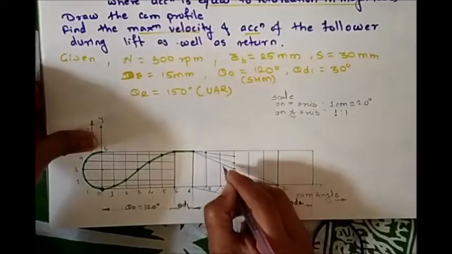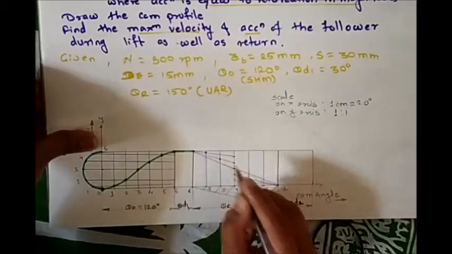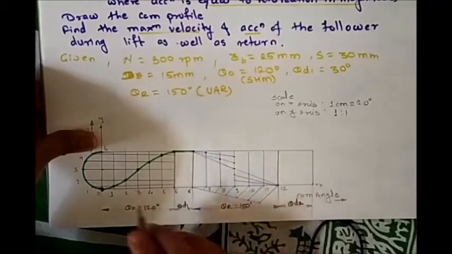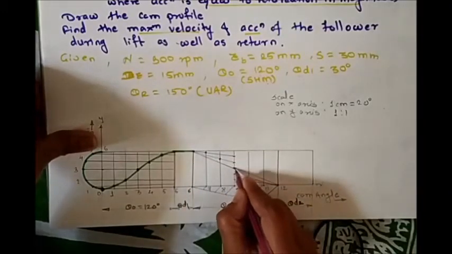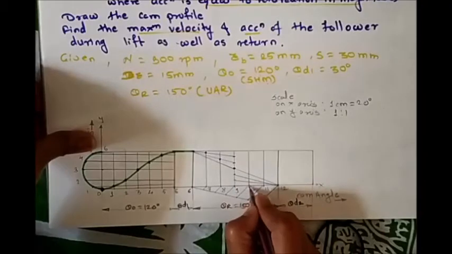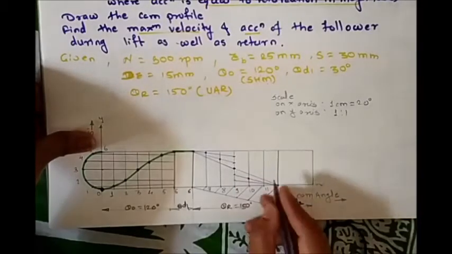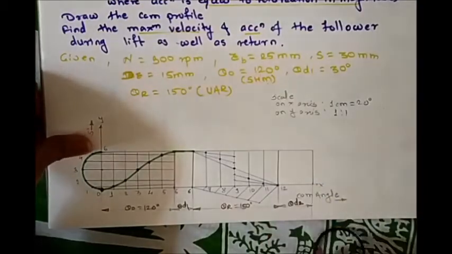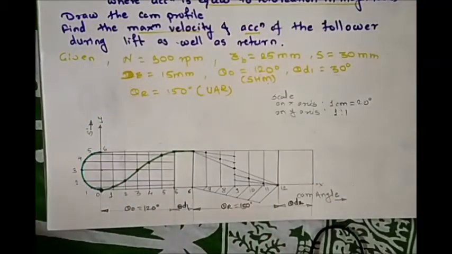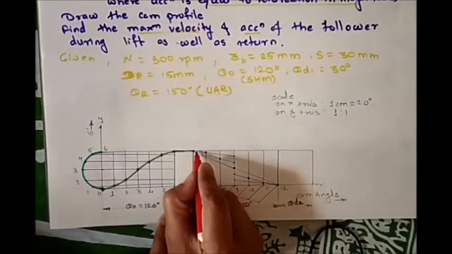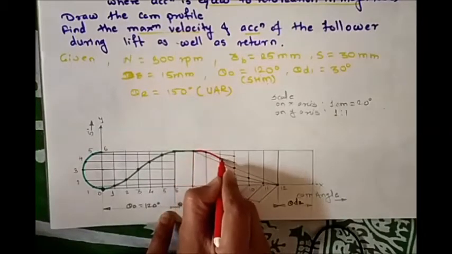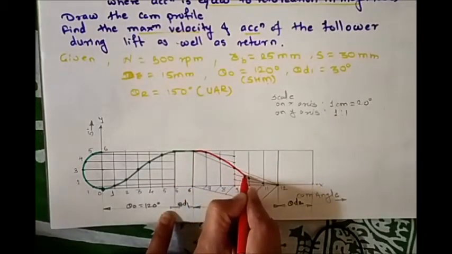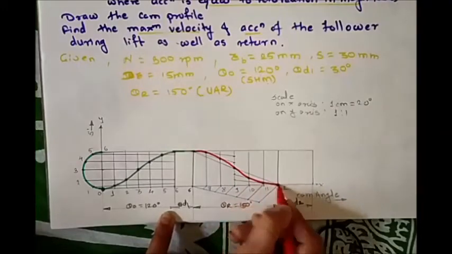Then for 8, this is the intersection point with the second cross line. Similarly, the third, then the next cross line, fourth, fifth, and sixth is the corner point. Now join these points with a smooth curve, you get uniform acceleration and retardation.